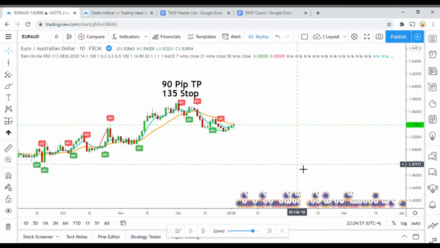Now, I try to keep in mind that there's a lot of you out there that may not be extremely experienced in trading. And so we do have to keep in mind that when we are dealing with indicators that are highly complex with lots of things happening, it can be hard for even the seasoned trader to understand exactly what is happening and how we should be trading it.